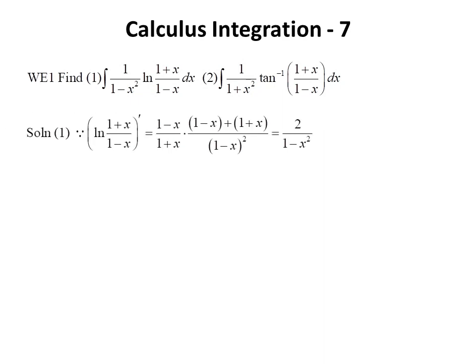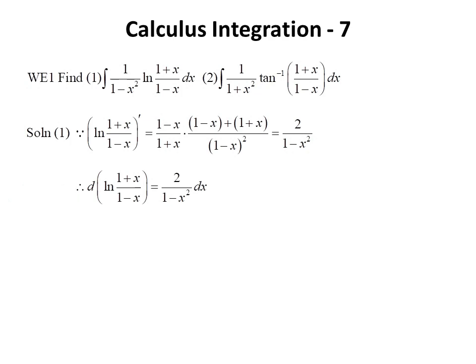As for the first one, since the differentiation of ln of (1 plus x) over (1 minus x) can be done by using chain rule and quotient rule, it equals the fraction (1 minus x) over (1 plus x) times [(1 minus x) plus (1 plus x)] over (1 minus x) squared, which can be simplified to 2 over (1 minus x squared).